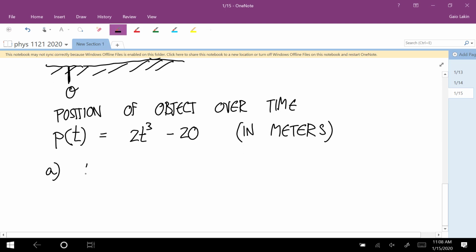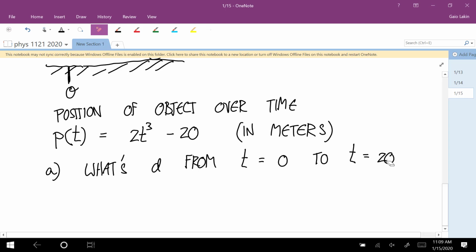Okay, so first, what's the displacement from time equals 0 to time equals 1 second?